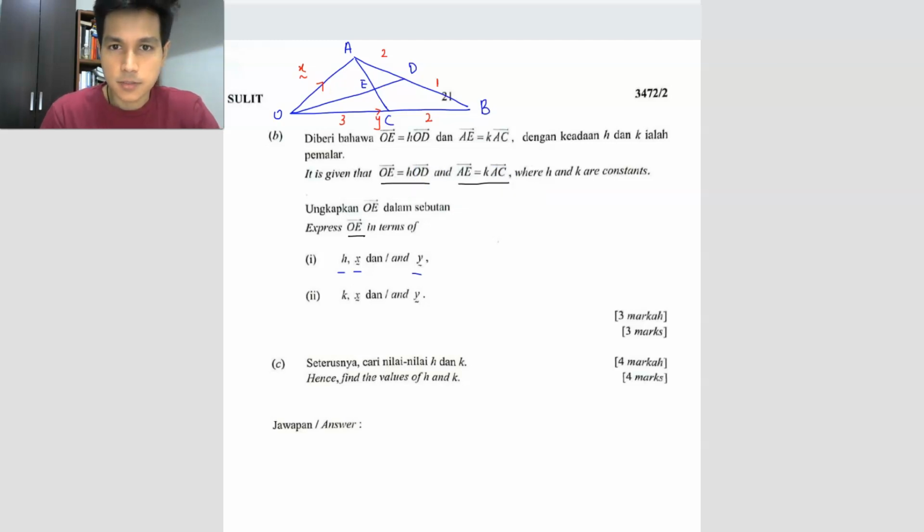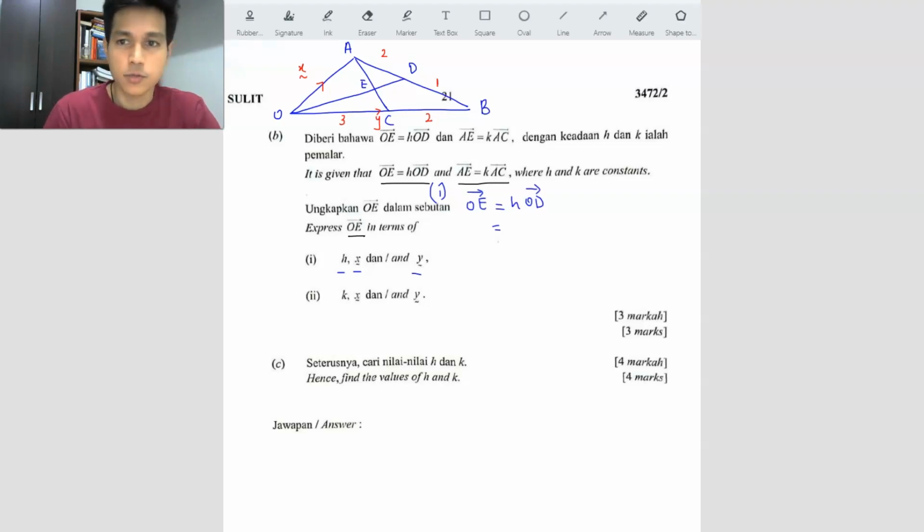So in this case, let's solve this. OE equals to HOD. Okay, that's what they give. So what is OD? We found OD in the previous question, right? So what is OD in the previous question again?